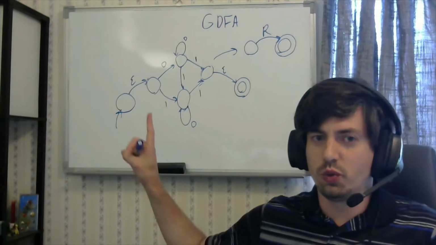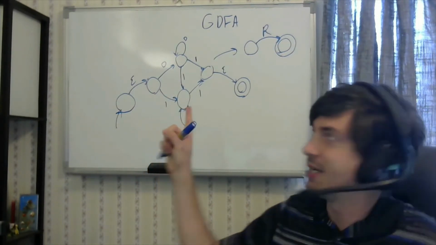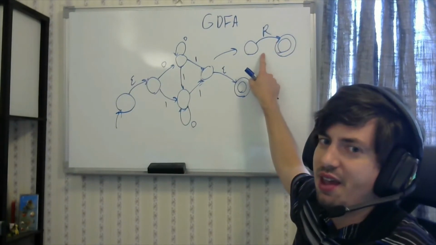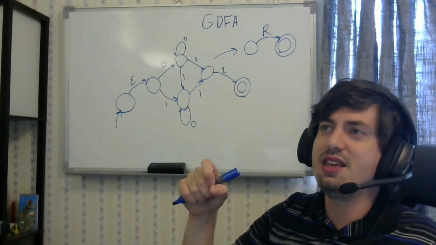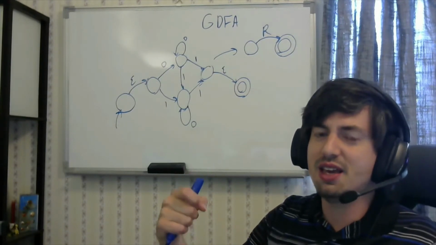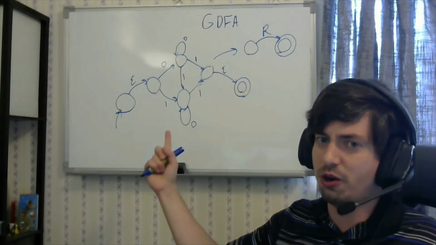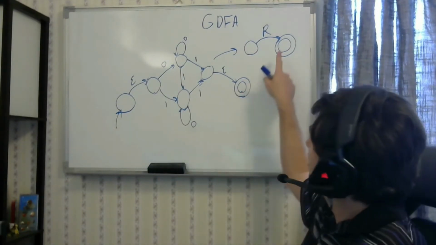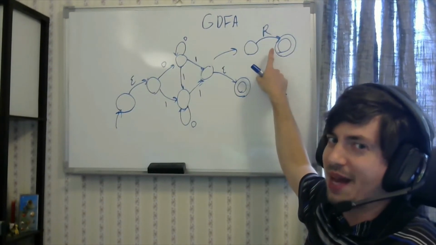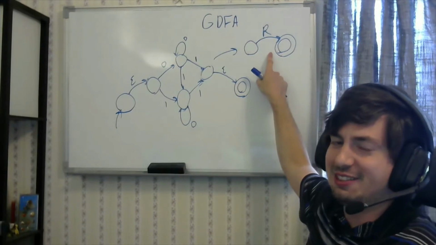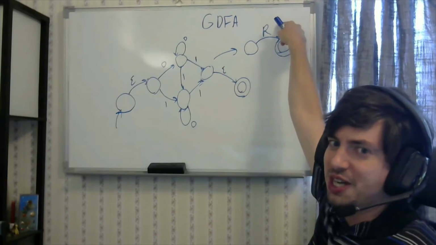If we can reduce this bigger generalized automata to this one and prove that at each step along the way, the language being recognized is identical to the one recognized by our original, then clearly the language recognized by this generalized automata is the language described by this regular expression.